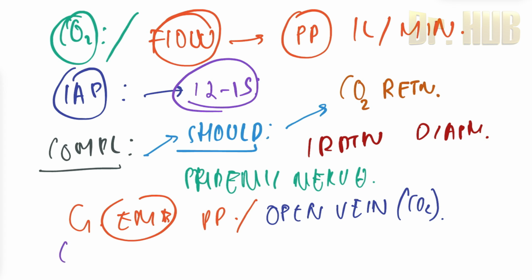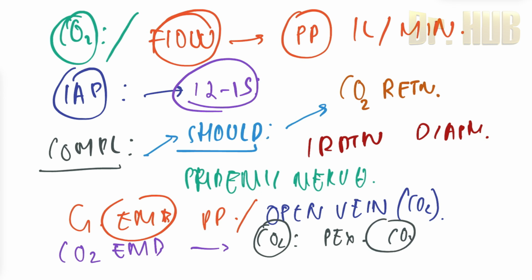In CO2 embolism, there is an initial rise in end-tidal CO2 due to pulmonary excretion of the absorbed CO2, followed by a sudden fall in cardiac output.